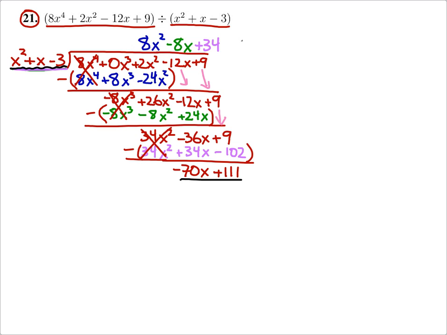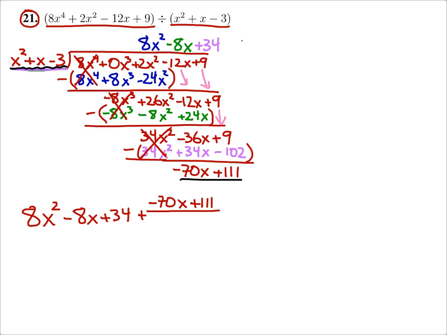So all we have to do is write our answer. Right? We had 8x squared minus 8x plus 34. That's the quotient. Plus, and then our remainder, negative 70x plus 111.